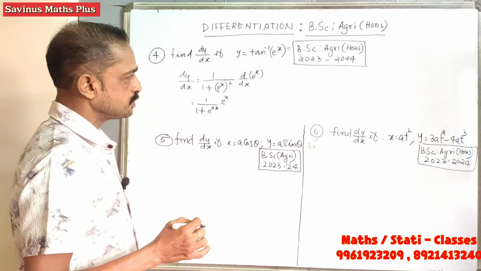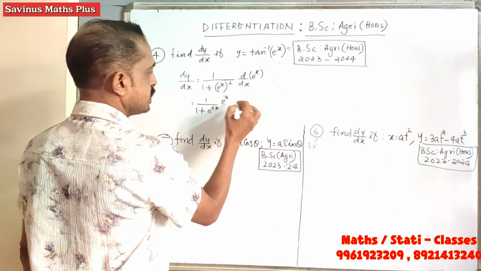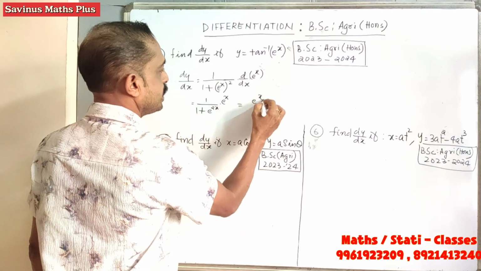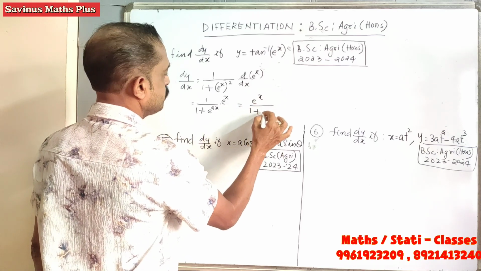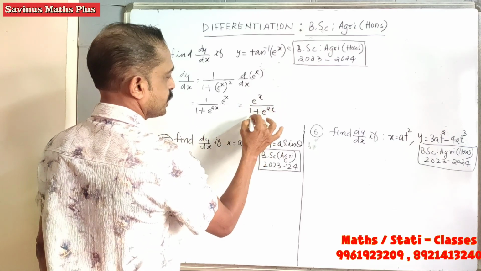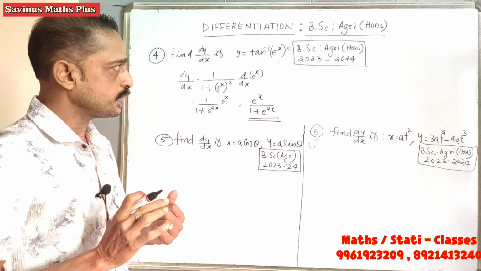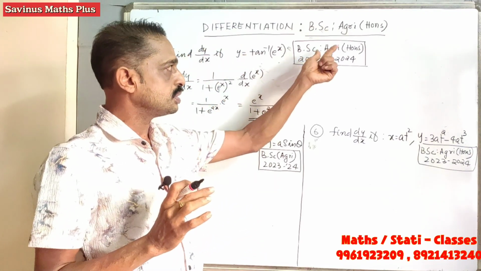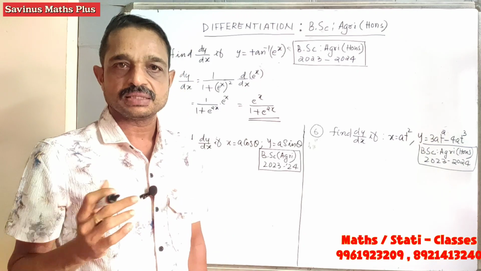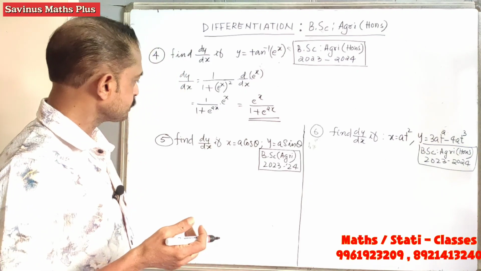Derivative of e raised to x with respect to x is e raised to x. Now this is 1 into e raised to x, which is e raised to x, divided by 1 plus e raised to 2x. So this is the derivative of this function with respect to x. Again, this is a question of the 2023-24 mathematics paper of BSc Agriculture.